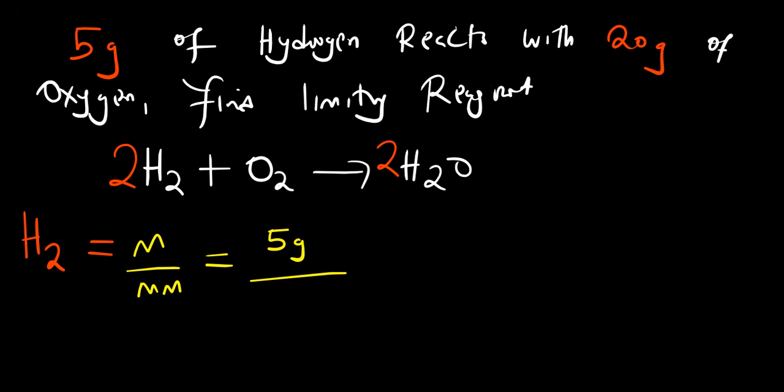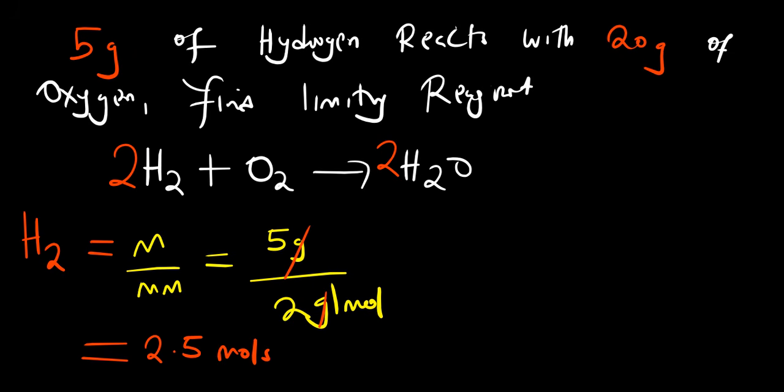The molar mass of hydrogen, since there are 2, is going to be 2 grams per mole. The gram and the gram are going to cancel. I'm just going to have 5 divided by 2, that is 2.5 moles of hydrogen.